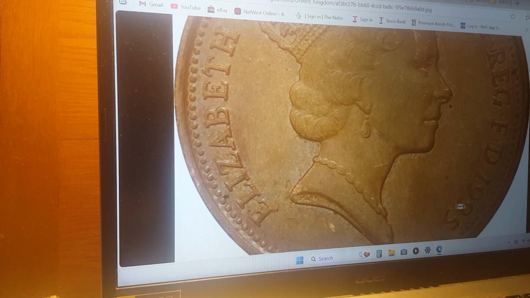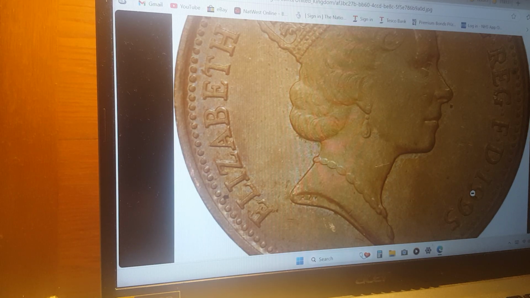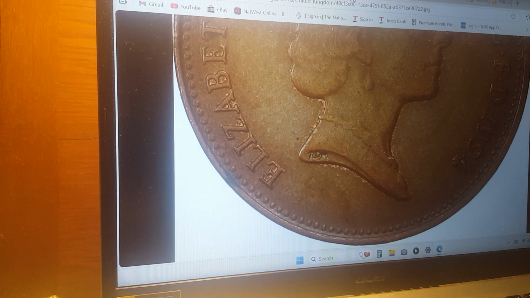So we come up to 1995, and you start seeing a change again. The 6s, because that's upside down. The nines are now not as long, and they're not as curved. So let's go back to 1994, where they're both really curved.